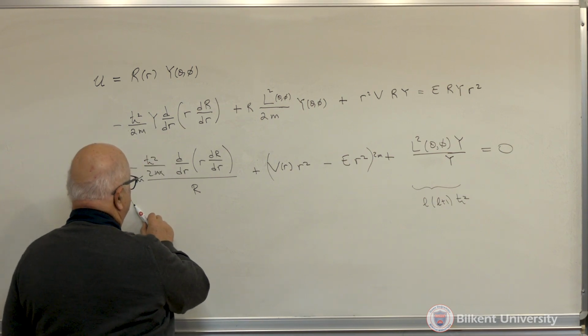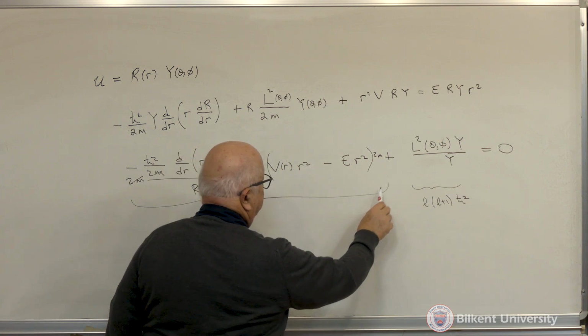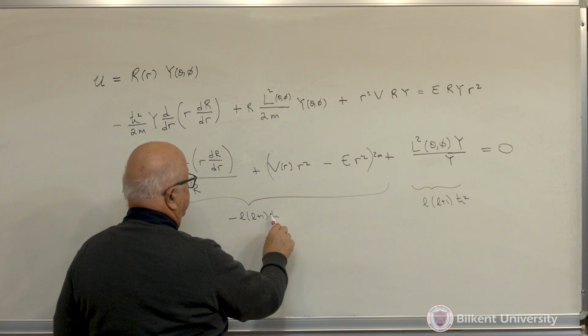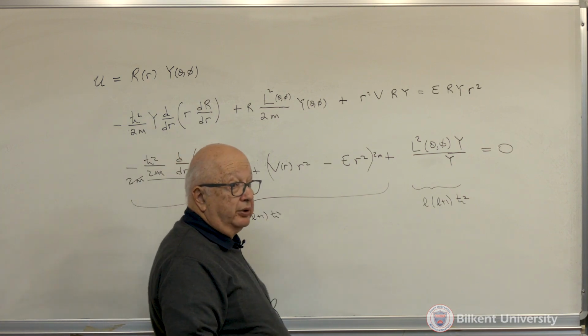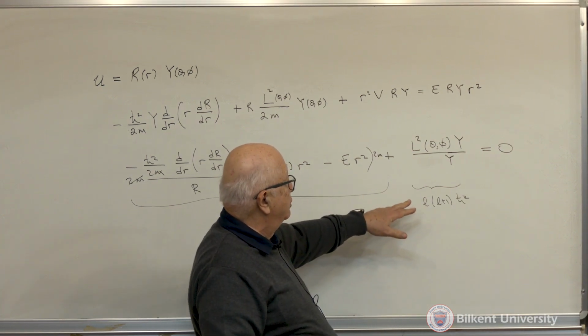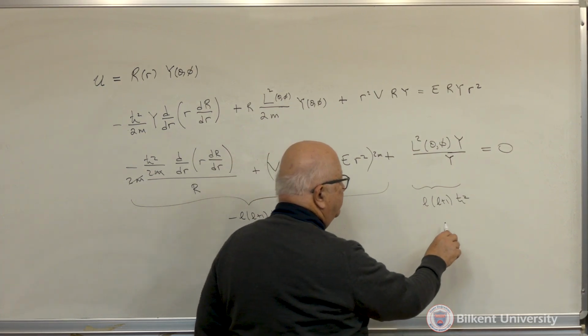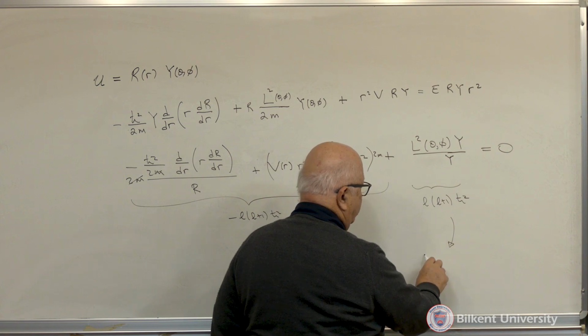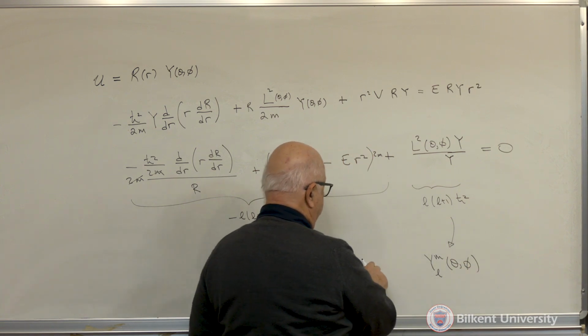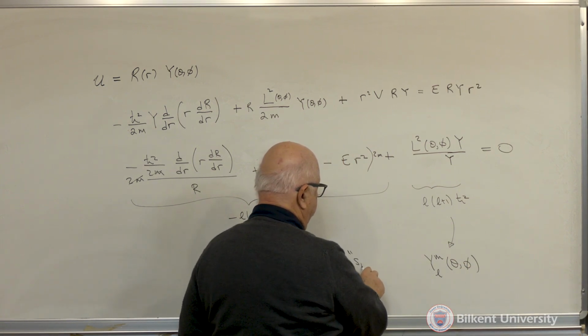So obviously then this whole thing will depend on minus L times L plus 1 h bar squared. That will be the type of the solution. These things are going to give us what are known as spherical harmonics, Y_Lm of theta and phi. These things are called spherical harmonics.